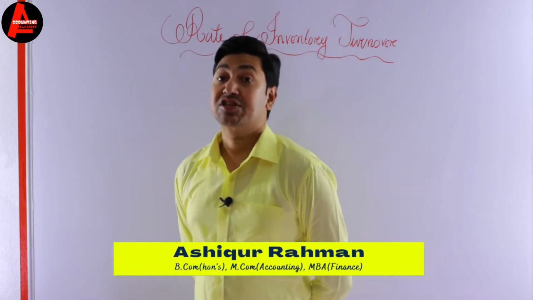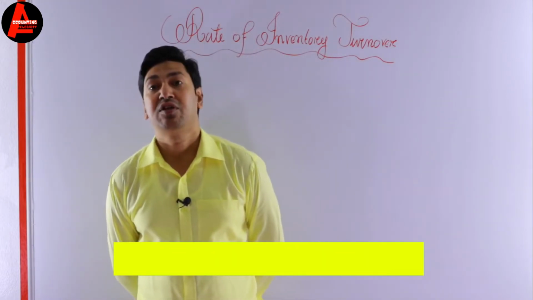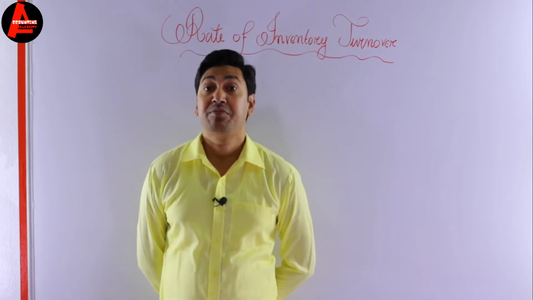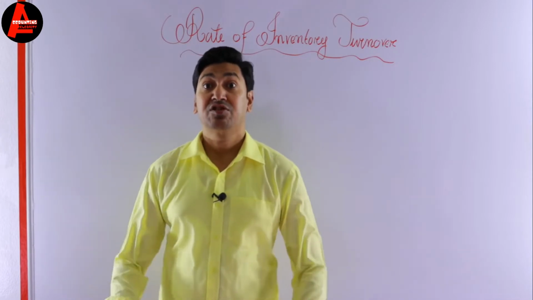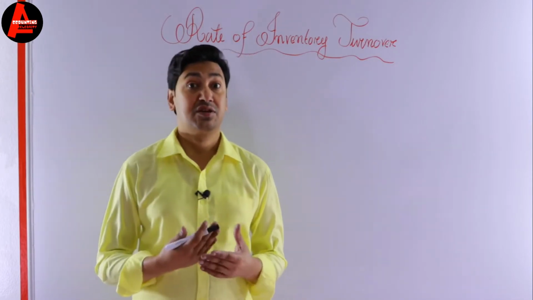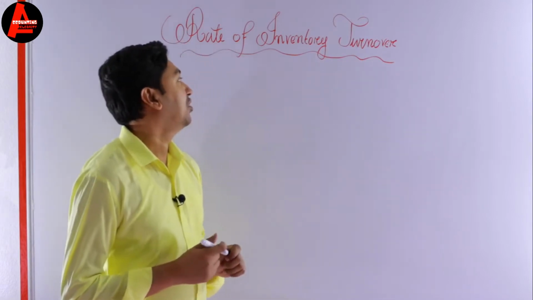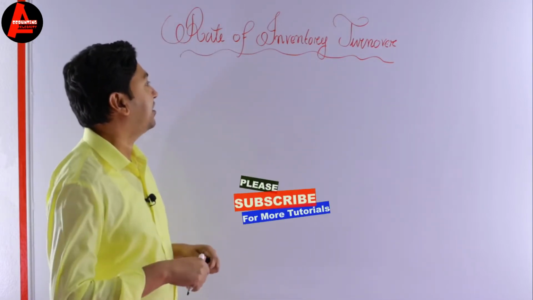First of all we have to see what our formula is. Rate of inventory turnover equals cost of goods sold divided by average inventory. Cost of goods sold is also called cost of sales. Whatever you call it, it is the same thing. So let us write the formula first.